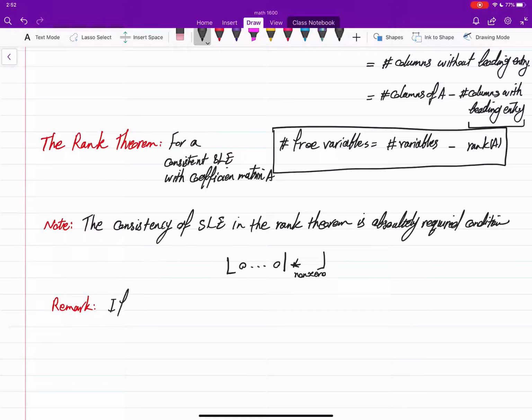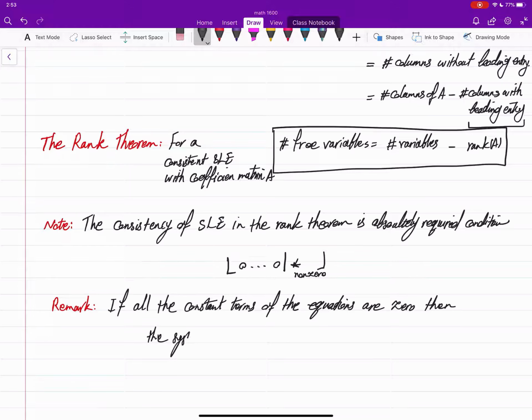if all the constant terms of the equations are 0, then the system is consistent.